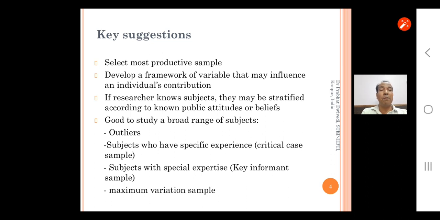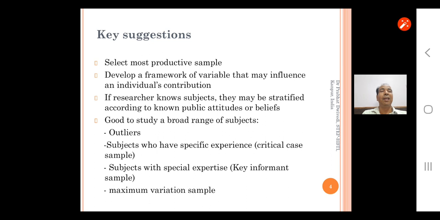There is not much variation in the group. Just to reduce variation, just to get uniformity amongst the data, amongst the sampling units, we go for stratification. And before doing stratification, we have to have sufficient knowledge about the subject.